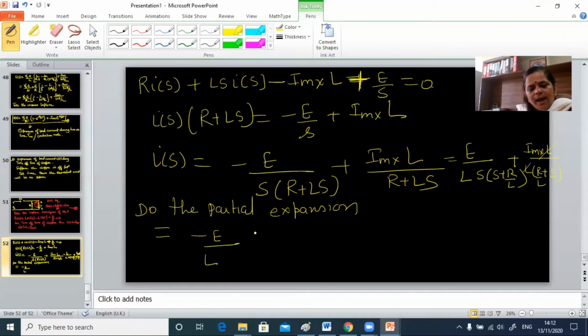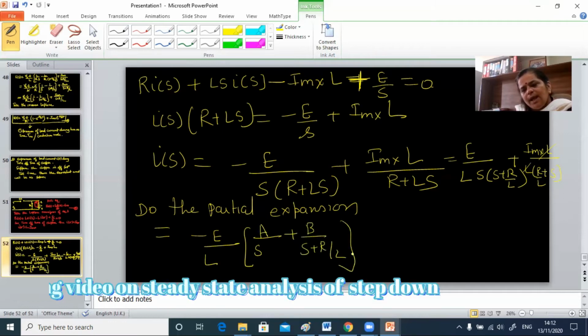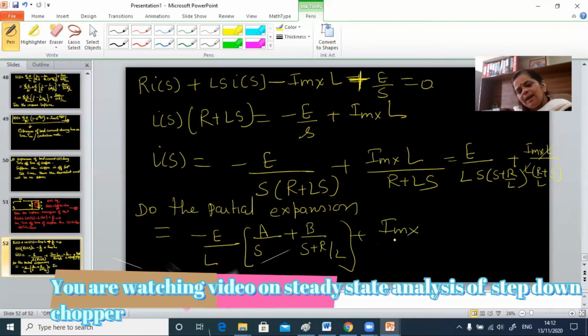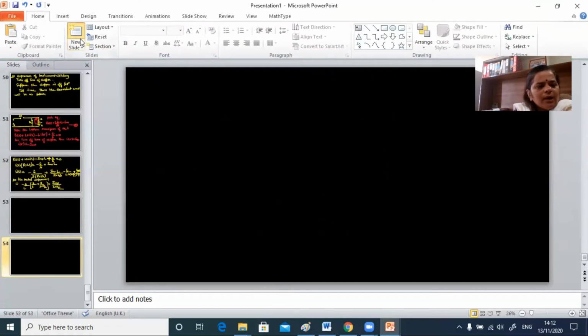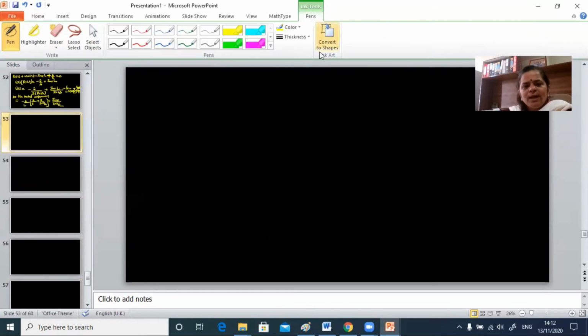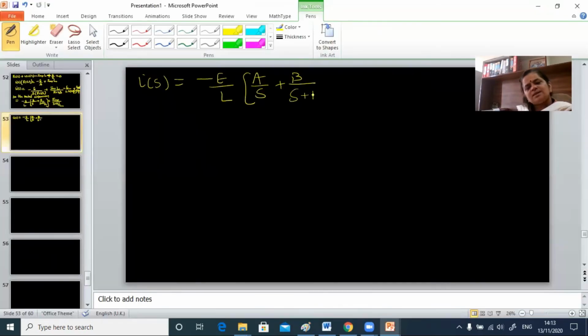Minus E by L and 1 upon S (S plus R by L) as A by S plus B upon S plus R by L, and here I max upon S plus R by L. So finally what I got, I(s) is equal to minus E by L, A upon S, B upon S plus R by L, plus I max upon S plus R by L.